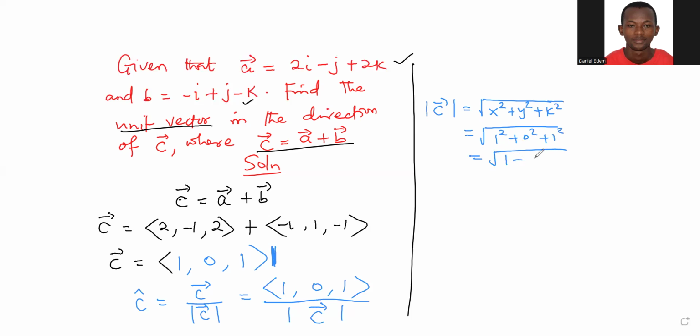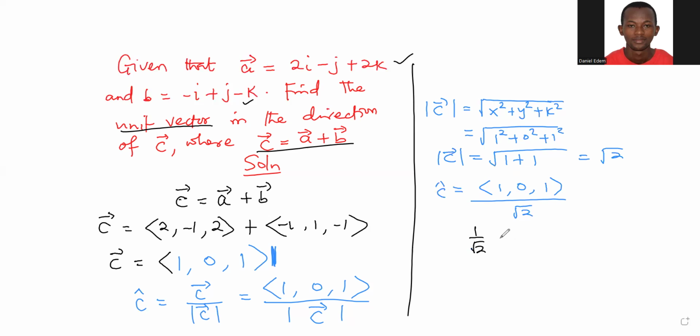So 1 squared plus 1 giving you square root of 2. So our C cap is our vector divided by the magnitude, which is square root of 2. So this one means that this divided by this, so it means we have 1 on root 2.